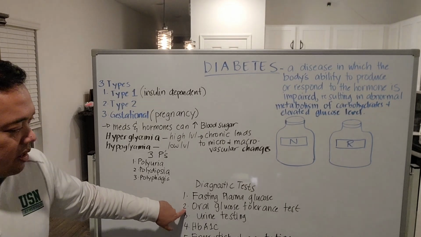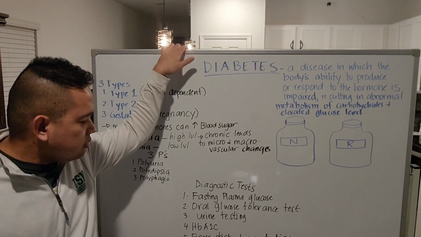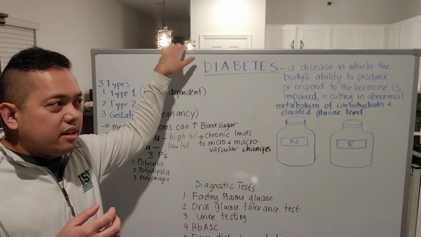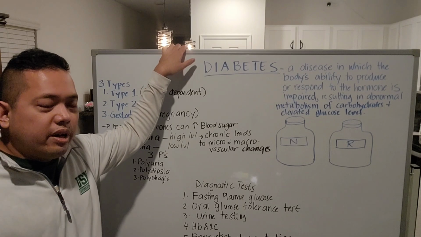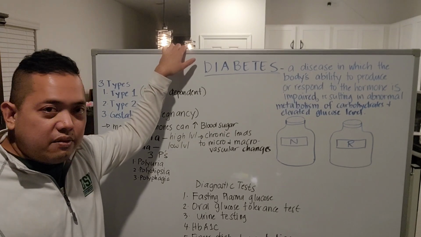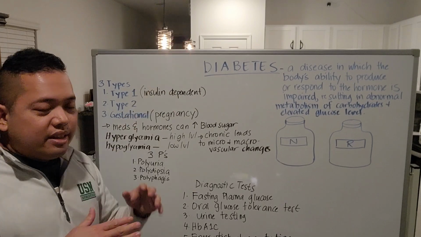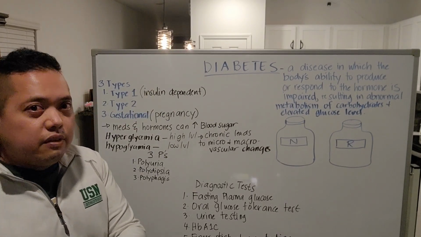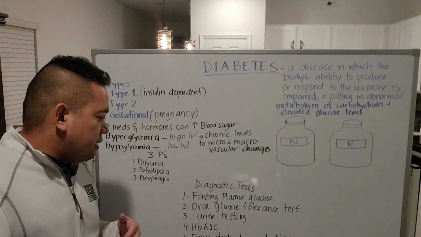The oral glucose tolerance test is when they give you glucose, and then they see how your body tolerates the glucose level, either 1 hour after and 2 hours after. Depending on the range you hit, they find out if you are pre-diabetic, normal, or diabetic.